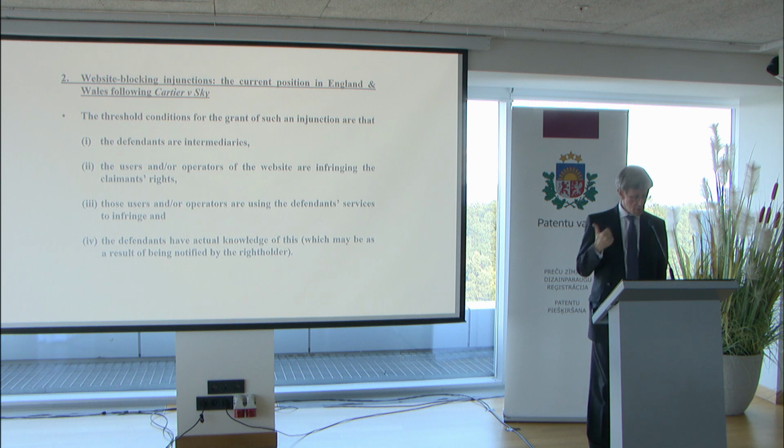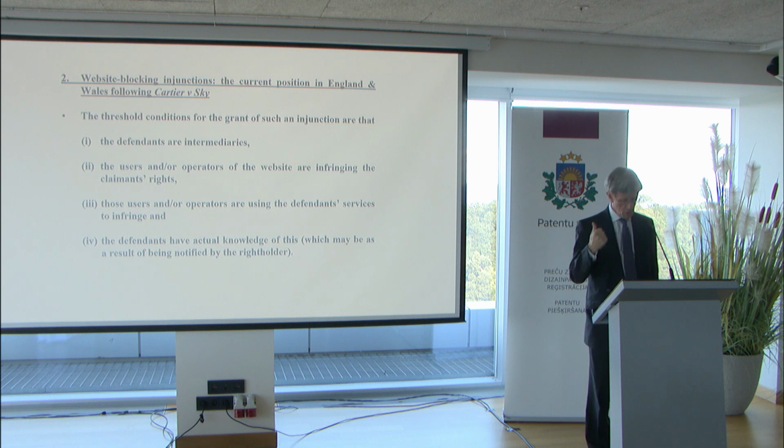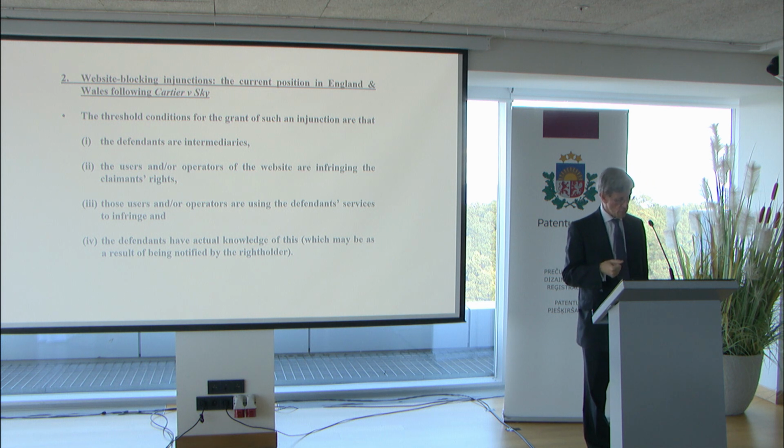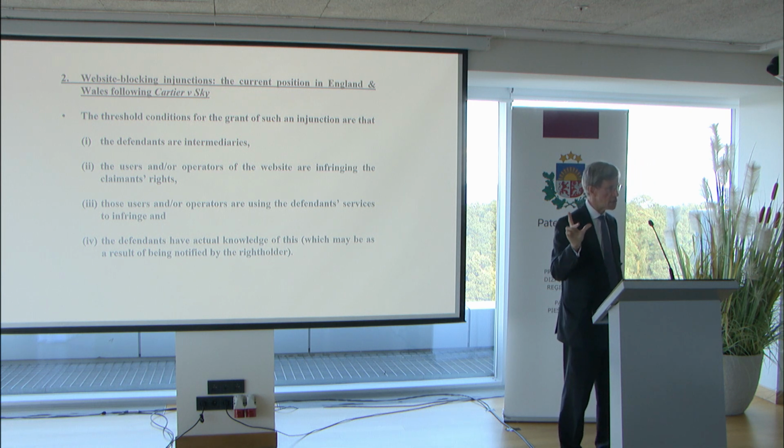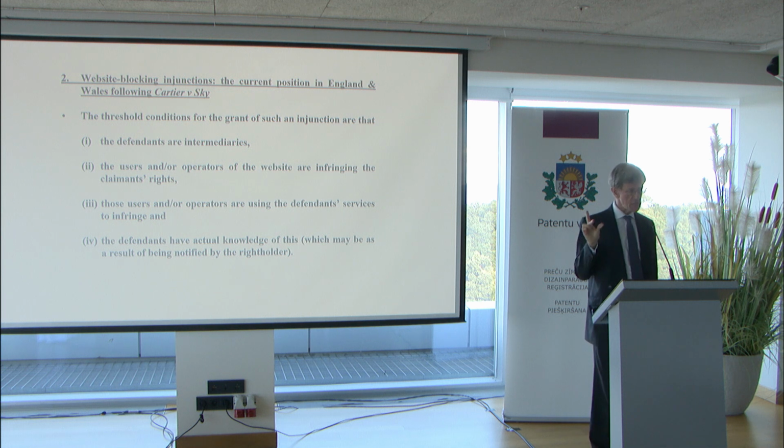Thirdly, that those users and/or operators are using the defendant's services to infringe. And fourthly, the defendants have actual knowledge of this, which may be as a result of being notified by the right holder.